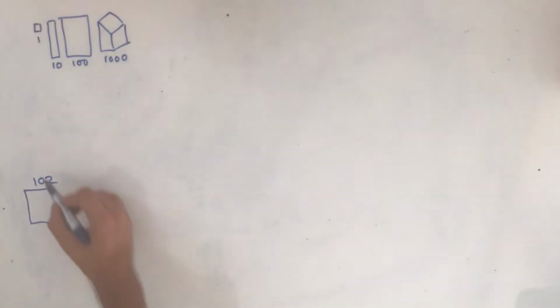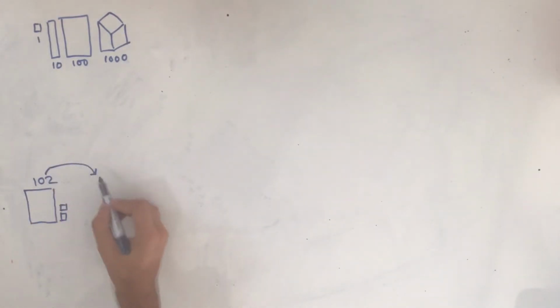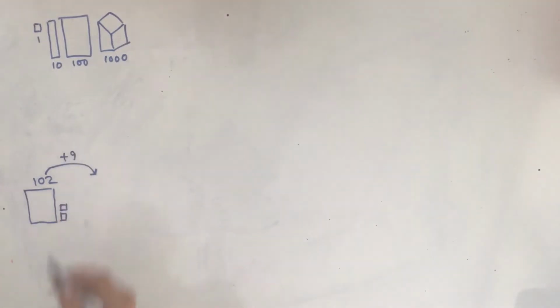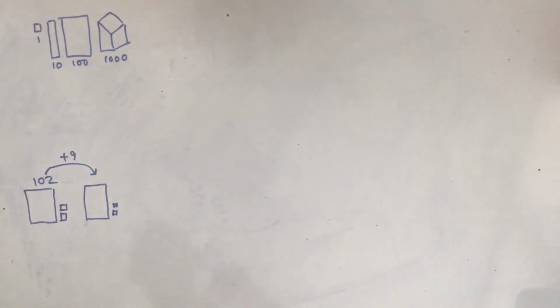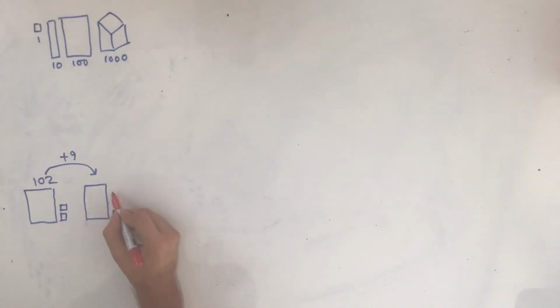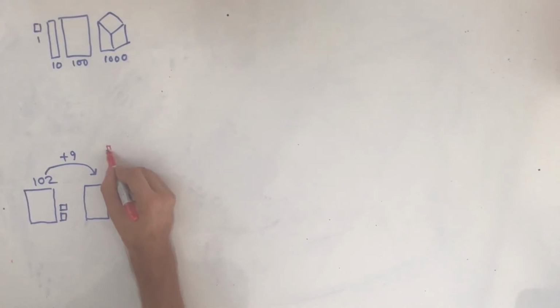And we're still going to draw an arrow, and this time remember we're adding 9. Either have a go along with me or watch mine and then draw it as you go along, whatever helps you the most. So before we can add on our 9, we need to draw our 102 again, and remember our 9 that we're adding is going to be in a different colour. 1, 2, 3, 4, 5, 6, 7, 8, 9.